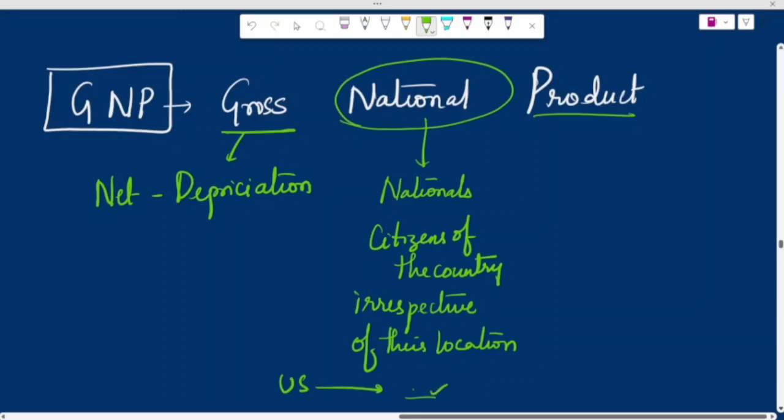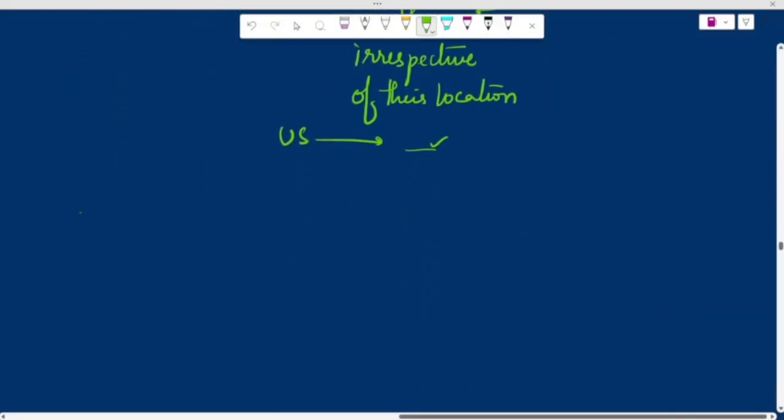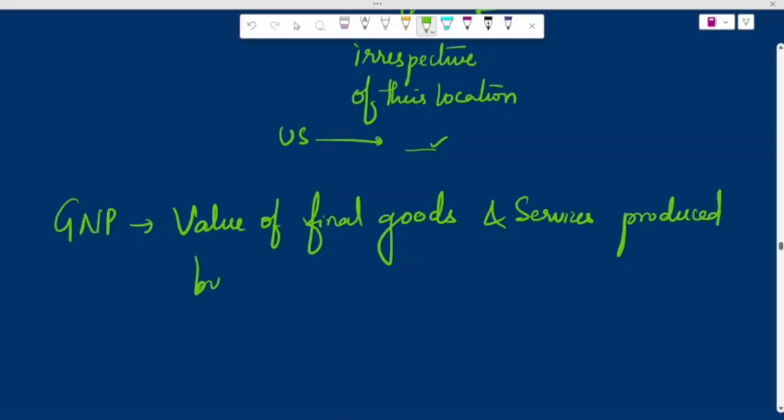Fine. Then GNP can be written as the total value of final goods and services produced by Indians in a given period of time.